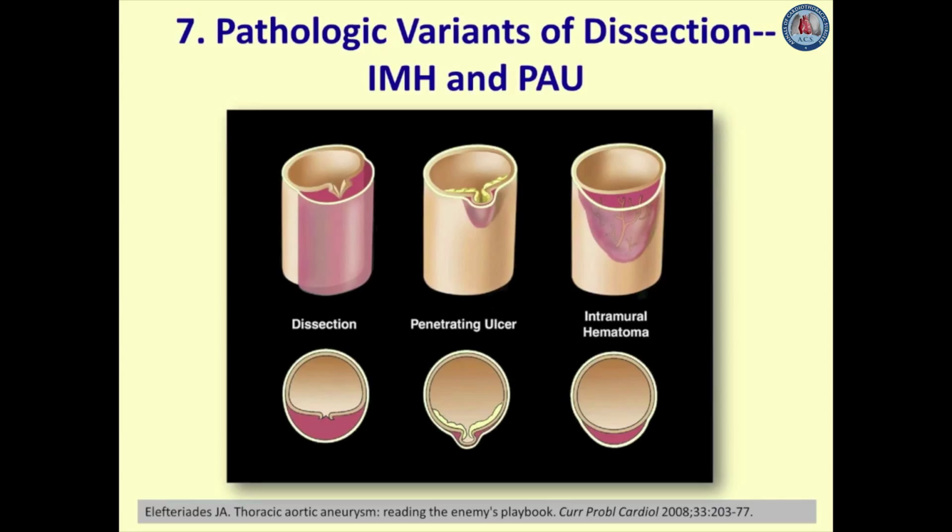For intramural hematoma, I use the rule of 1/3, and that is to say that 1/3 of intramural hematomas stay the same, 1/3 go on to become typical aortic dissections, and 1/3 heal entirely. That's an approximation of what we found with midterm follow-up of these entities in the range of 3 to 5 years.